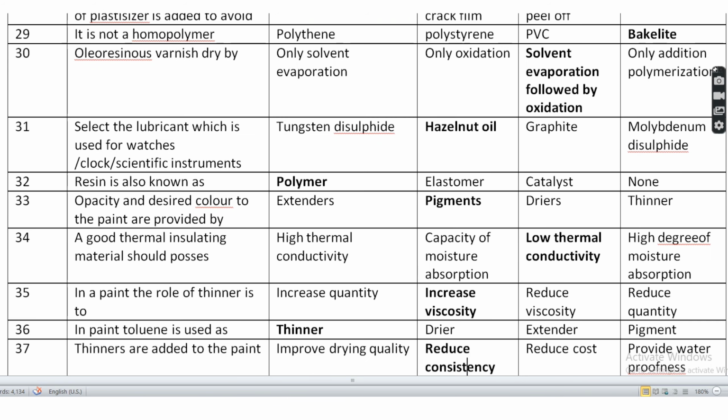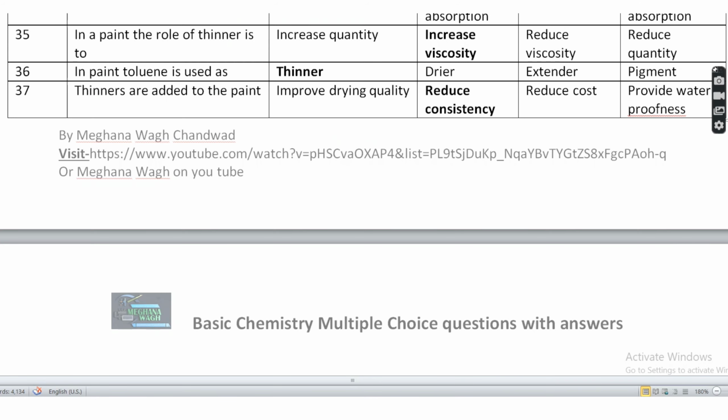Then resin is also known as what? Resin is known as polymer. Opacity and desired color to the paint film are provided by which: extender, pigment, dryer or thinner? It is provided by pigments. It gives the desired color to the paint film.